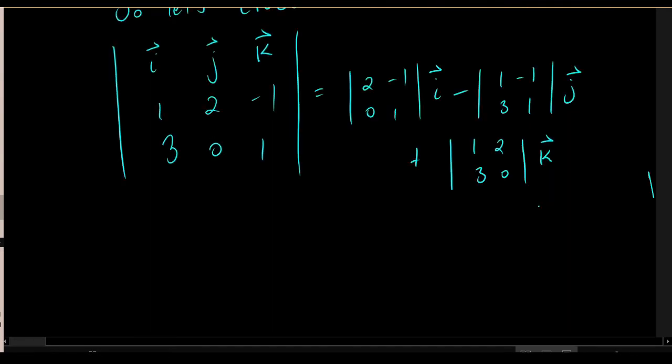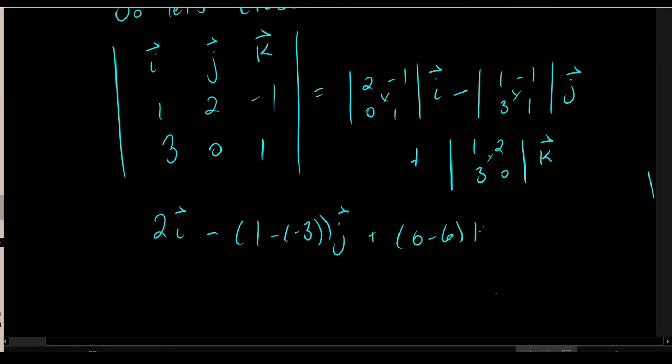Let's go ahead and calculate those numbers. We have 2 times 1, take away 0, that's 2. We have 1 times 1, take away minus 3, scaling j, and we have 1 times 0, take away 3 times 2.